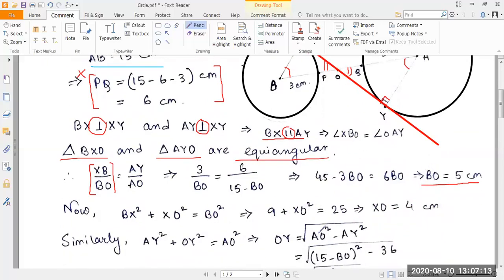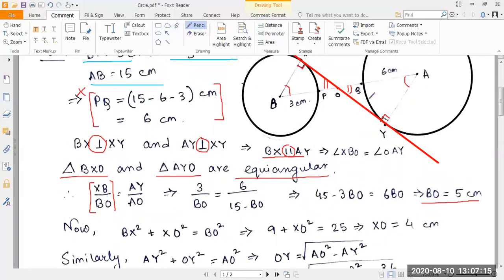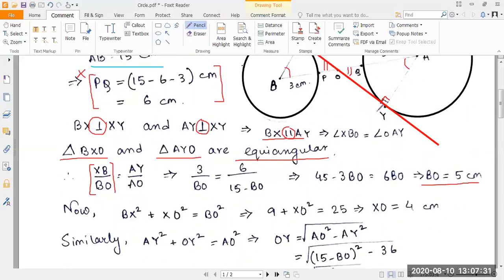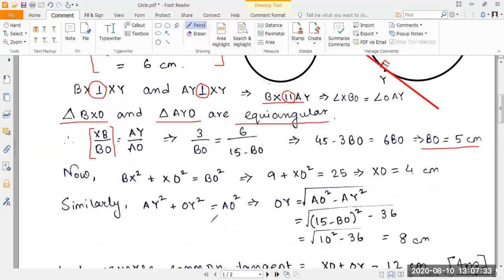And since I already know BO, I can also find AO, because that's 15 minus 5. So the equation that I wrote here, I had replaced AO with 15 minus BO. So if BO is 5, then AO will be 15 minus BO, that will be 10. So using that again, I can use the Pythagorean theorem for this triangle, and I get OY to be 8 centimeter.